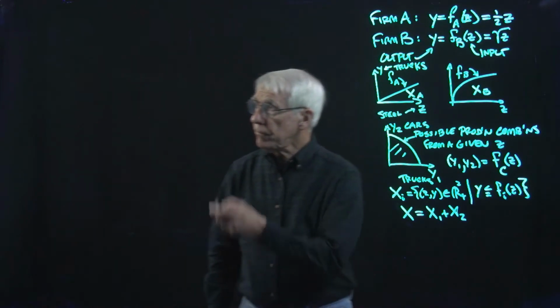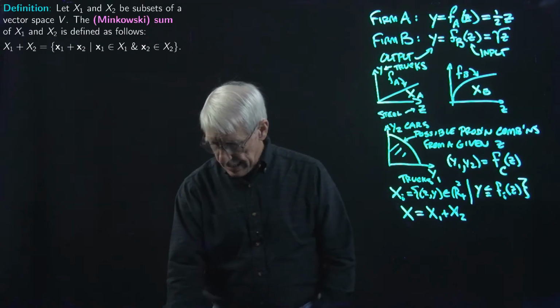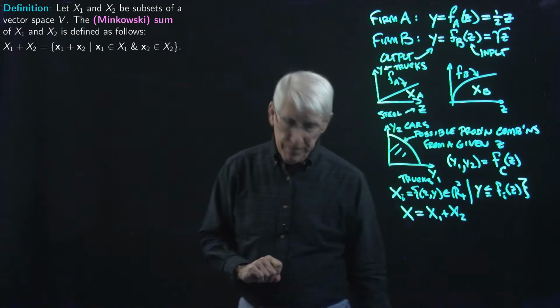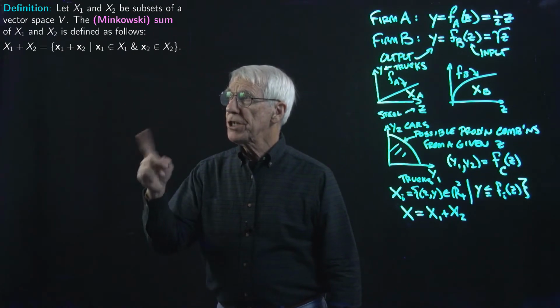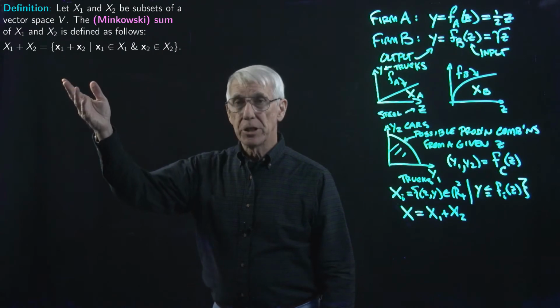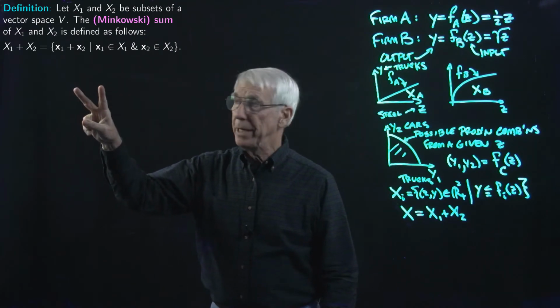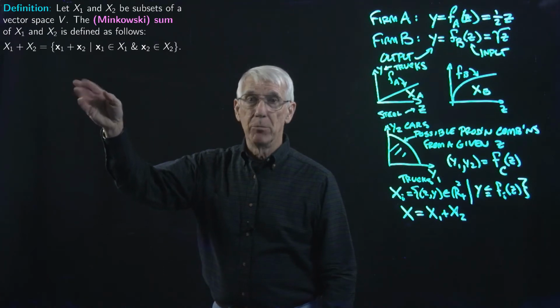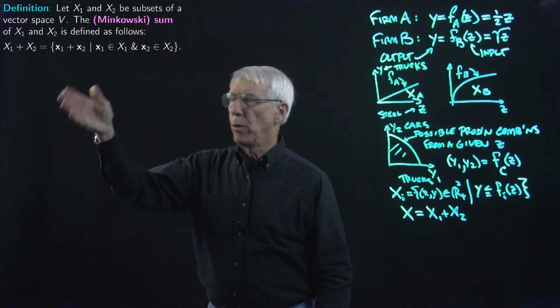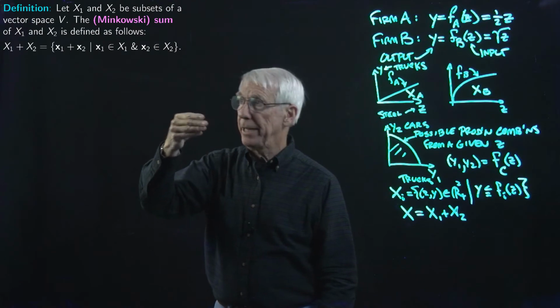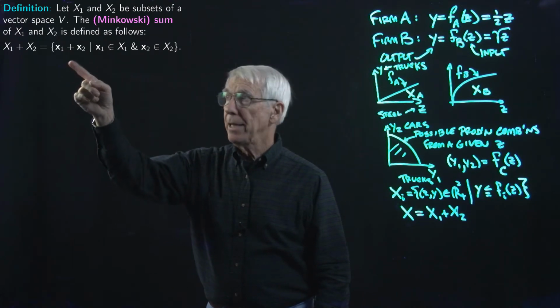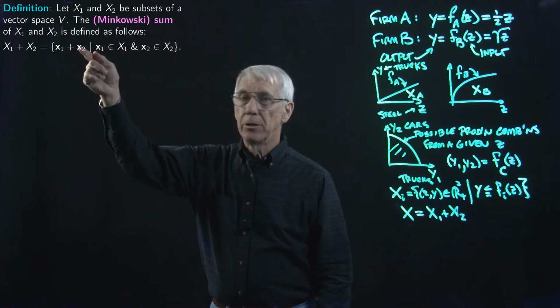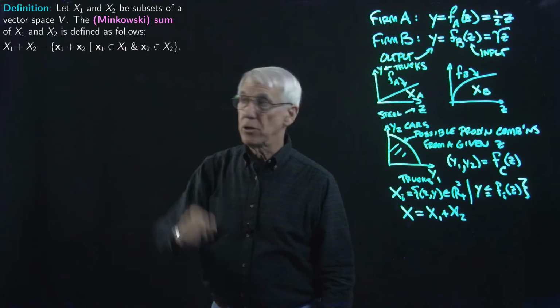So let's see here we have a definition of the sum of, in this case I've just got the definition of the sum of two sets, but it's obvious I could, if I wanted, write the definition as the sum of n sets, x1 plus x2 out to xn, and then inside the set I would have vectors x1 plus x2 out to xn as well.